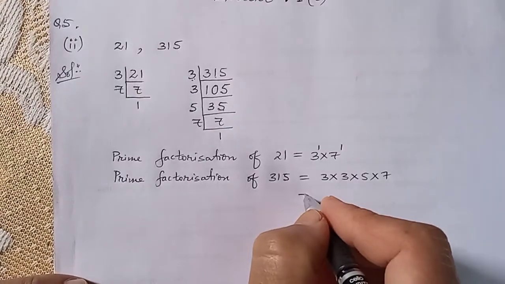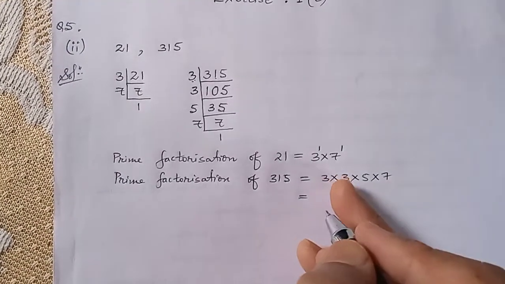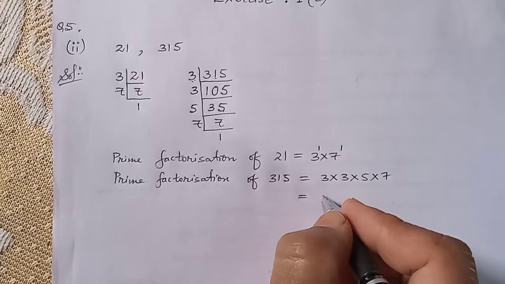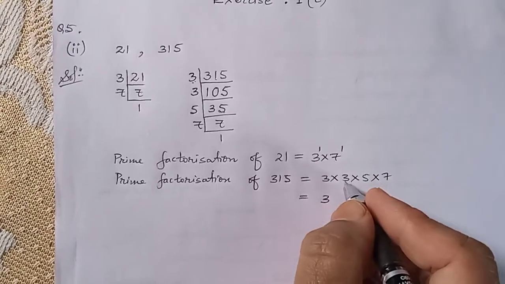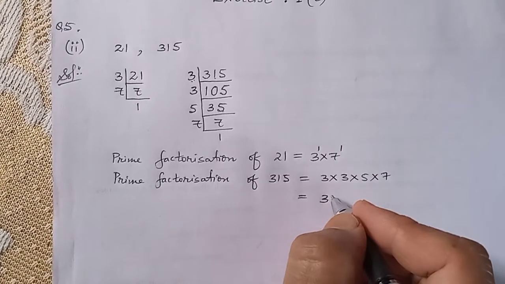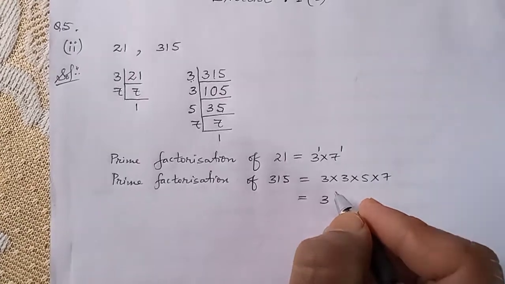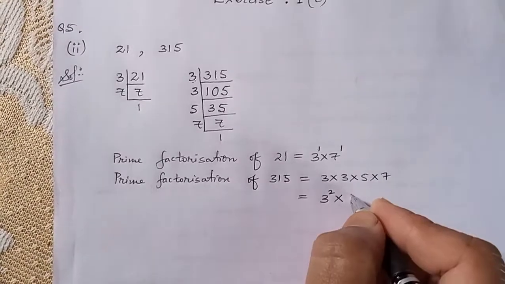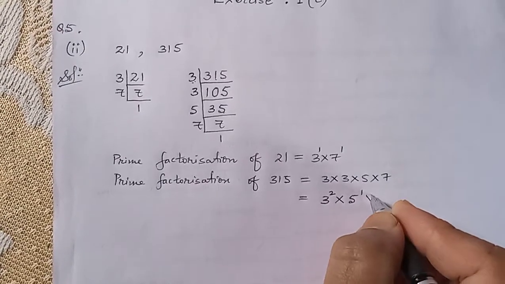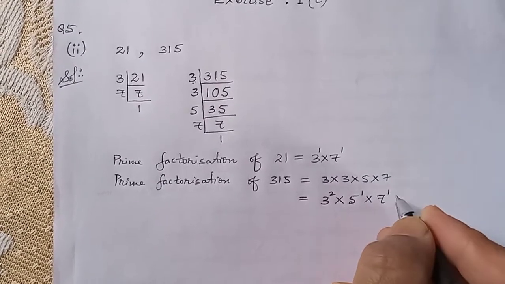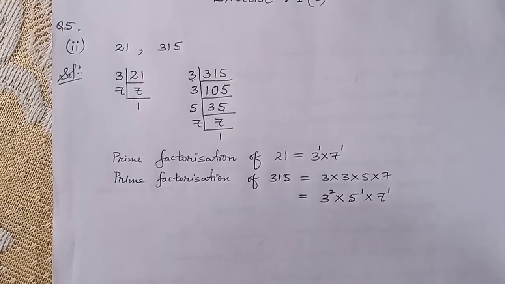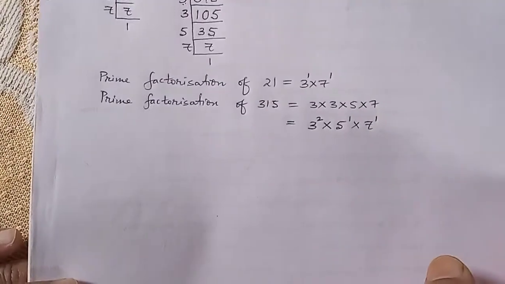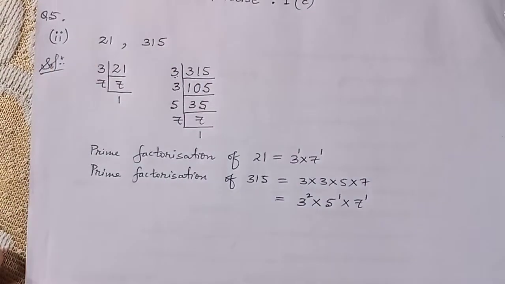So we write in power notation first. If 3 is coming 2 times, 3 into 3, that means 3 is a prime factor, but we'll not repeat it. We'll just count how many times and make it a power. So 3 into 3, I can write 3 square because 3 is coming 2 times. 5 I can write power 1 because 5 is only one time. And 7 is also power 1 because 7 is coming only one time in this prime factorization. So we're ready with the prime factorization of these two given positive integers.